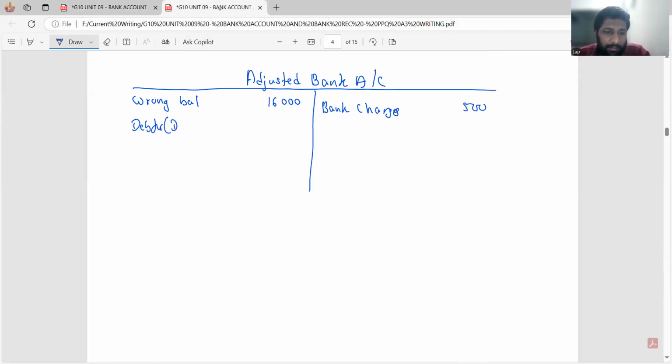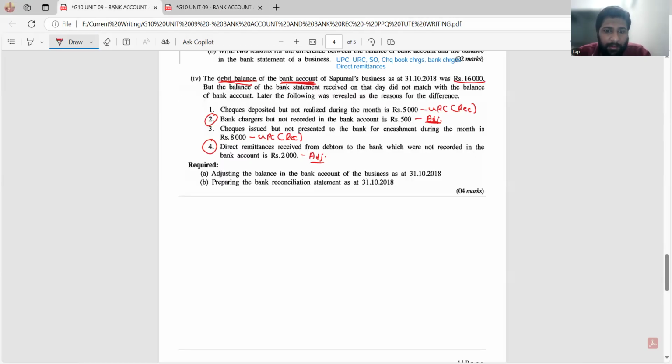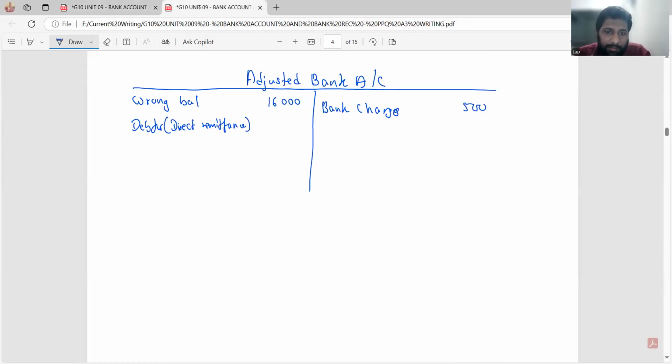Direct remittance, what's the value? 2,000. Then here 18,000, less 500, 17,500. Correct.